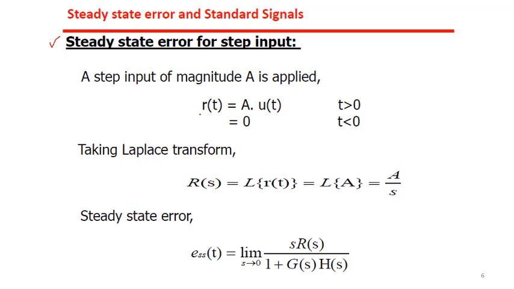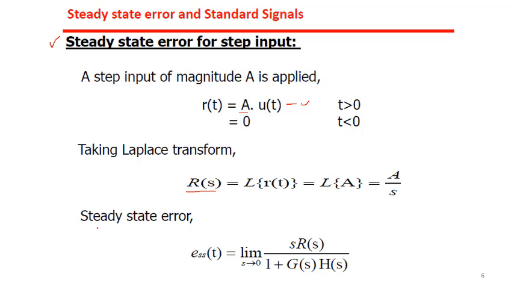Hence we can write it mathematically as R(t) equal to A into u(t) for all values of t greater than 0, and it will be equal to 0 for t lesser than 0. Taking Laplace transform of the above equation, we get Laplace transform of R(t) is equal to R(s), and Laplace transform of A is equal to A divided by s, where R(t) is equal to u(t).